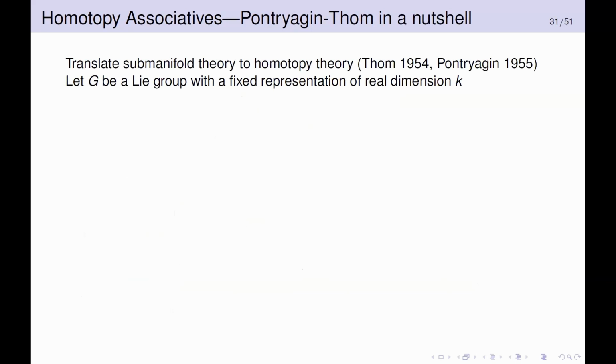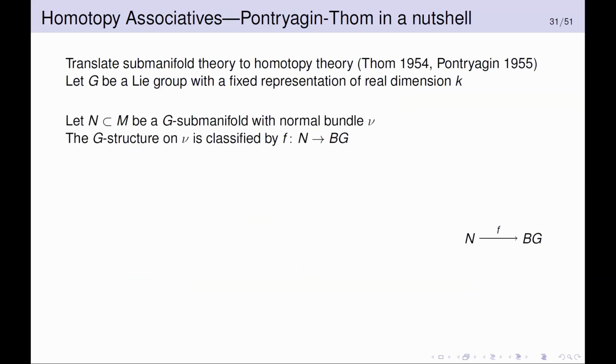And I mean, I don't know, there are many topologists here, but I guess not everybody has seen the Pontryagin–Thom construction. So let me give you a very short recap. Assume you have a Lie group G and it has a fixed k-dimensional real representation, and we'll not mention this again, but it's always there. Then assume you have a G-submanifold N in some manifold M. So the normal bundle μ has a G structure.